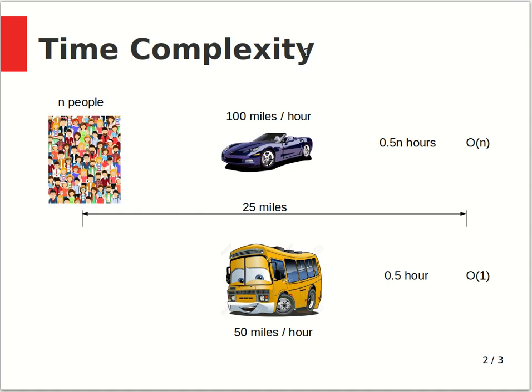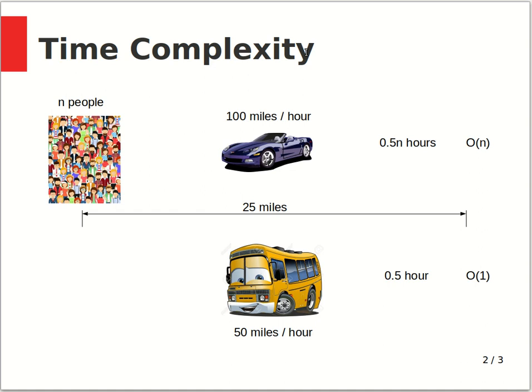Time complexity mainly deals with the runtime of a particular algorithm. So everything else being equal, you're running on the same kind of computer, using the same amount of electricity, and all the CPU and hardware is identical. If you compare different algorithms, how long it's going to take to finish running a particular algorithm, that's called time complexity.